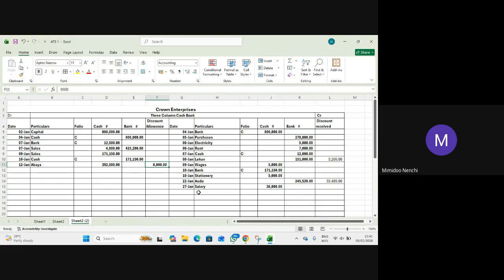On the credit side, because it is the payment, the credit side. And we said whenever we have personal drawings, we put it as what? Drawings. You remember now?